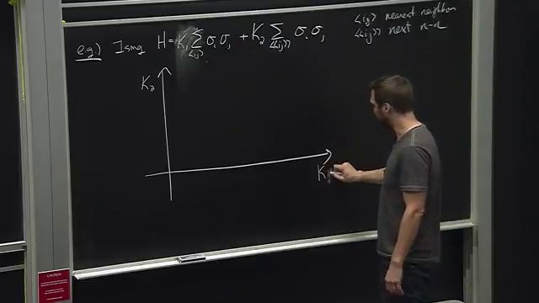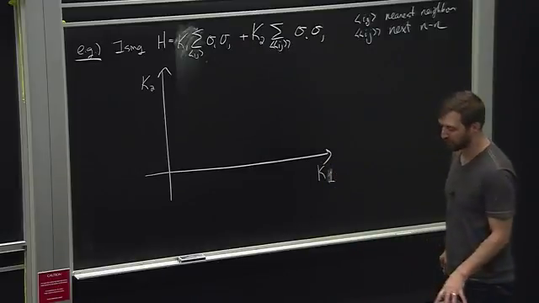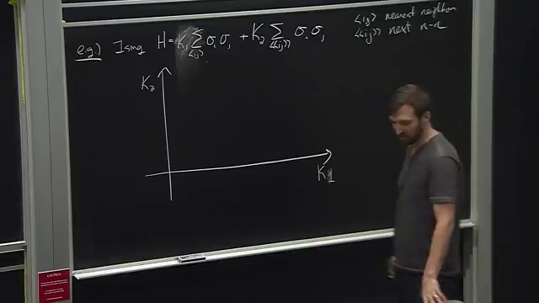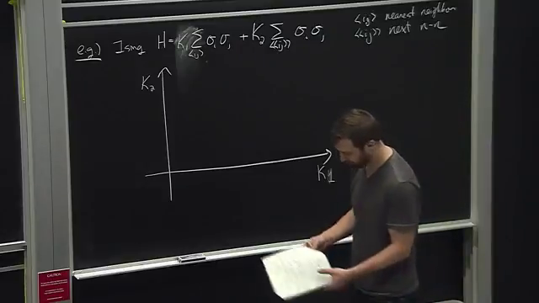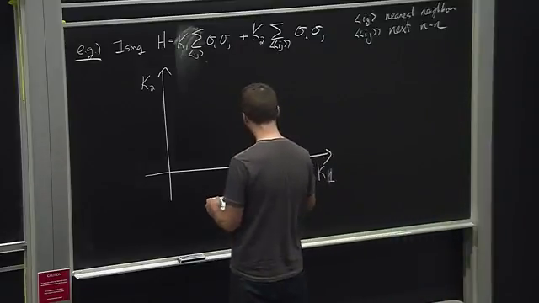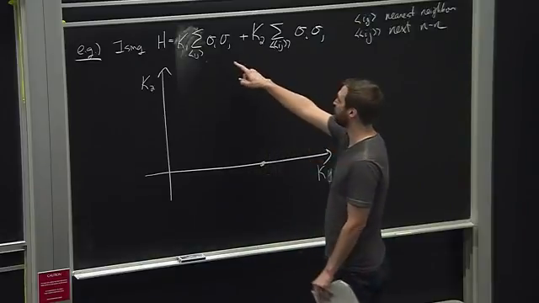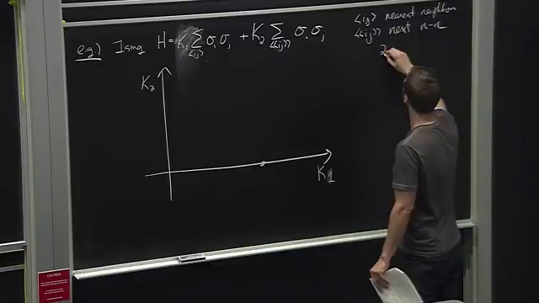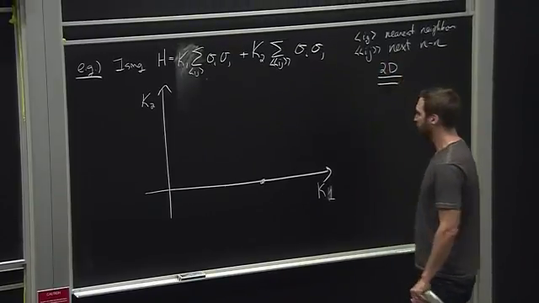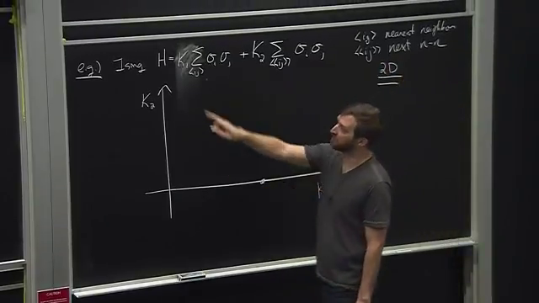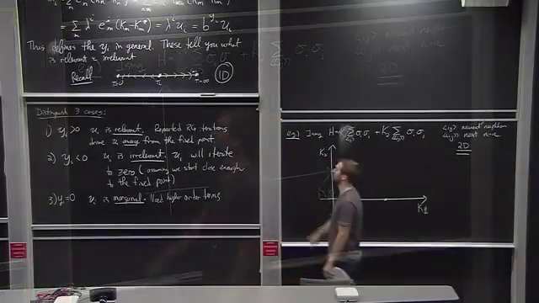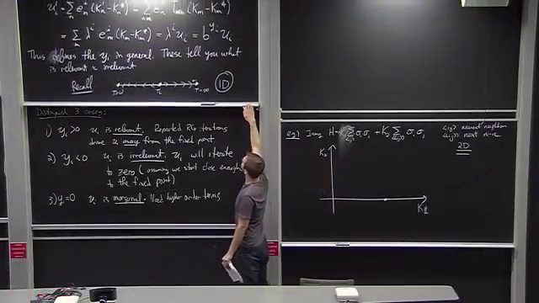So let me just draw it in this physical parameter space to show you what things look like. So the RG flows for this model. If you just had K1, which is the nearest neighbor, this is 2D, then you would have the same pictures I drew right there. Oh, sorry, that was 2D, not 1D.